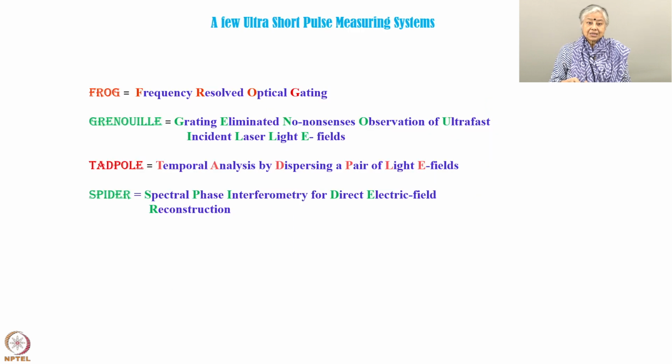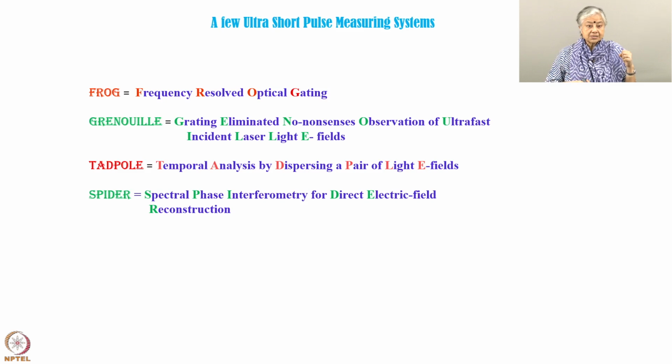Now there are a few ultra short pulse measuring systems which I won't describe here, but the basic concept is on the concept of this autocorrelation and the frog, with the finer details of the experimental side taken care of.